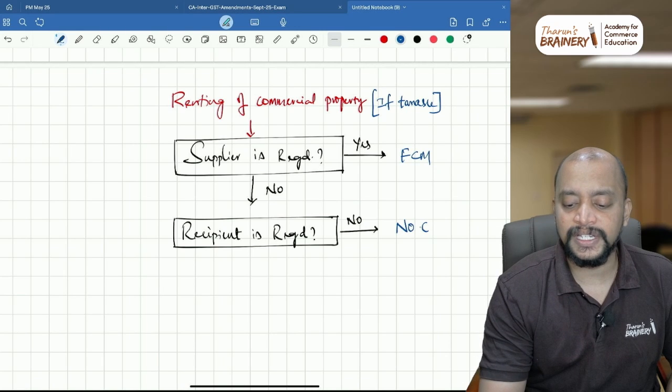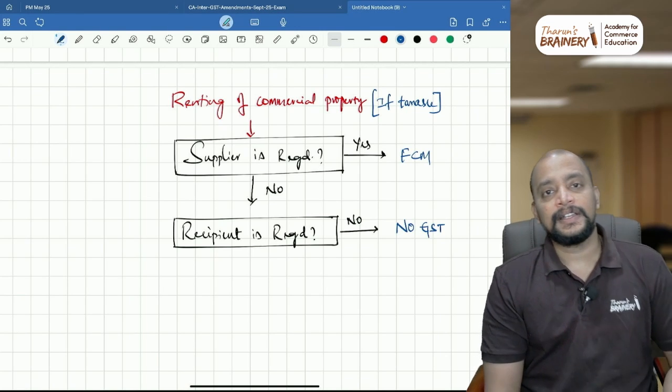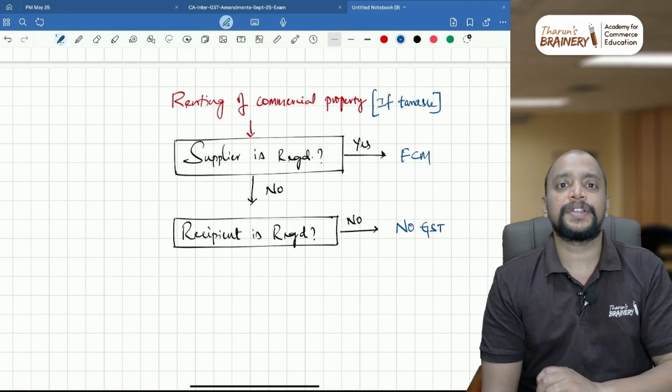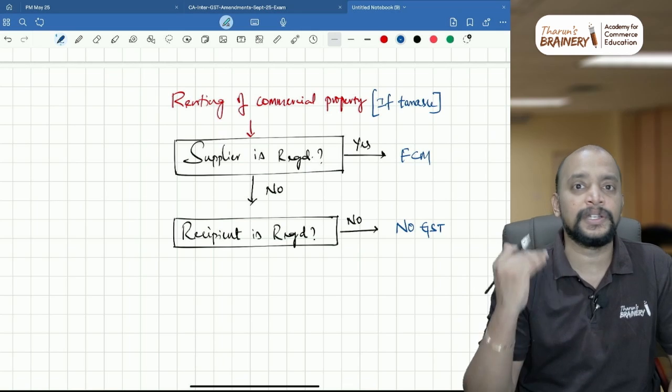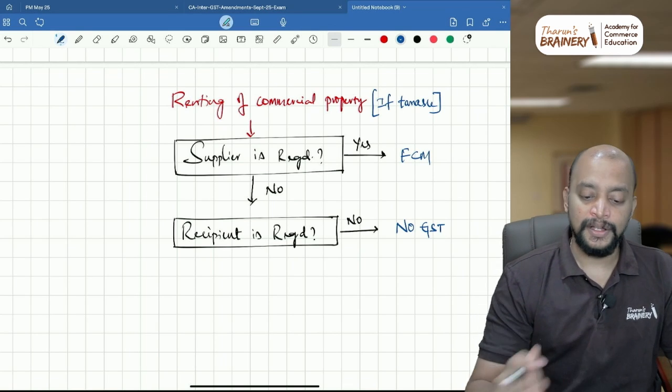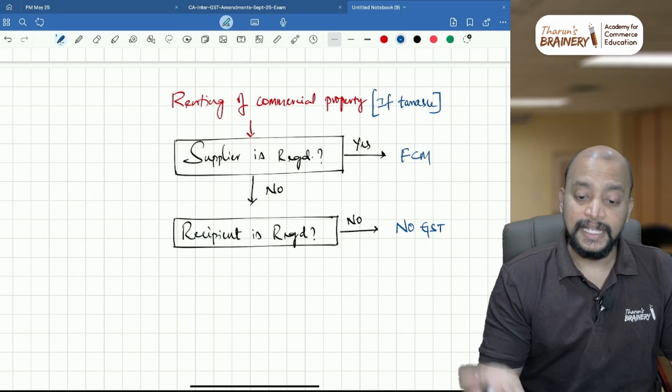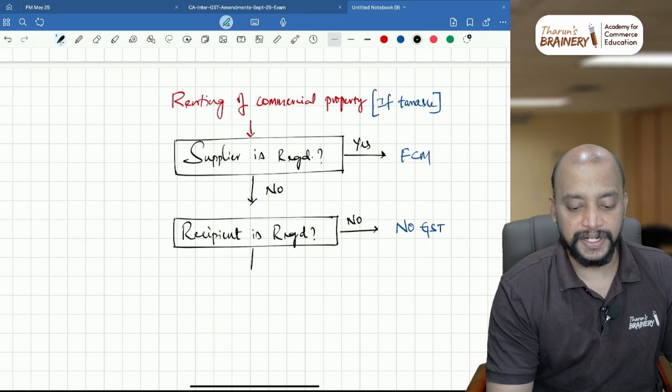Why is there no GST? Because both are unregistered. Definitely there won't be any GST between two unregistered persons. If there is a transaction, GST will not be applicable. So no GST.